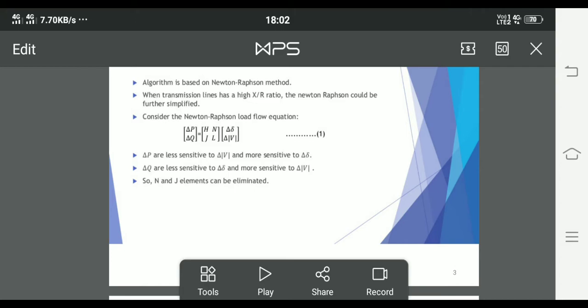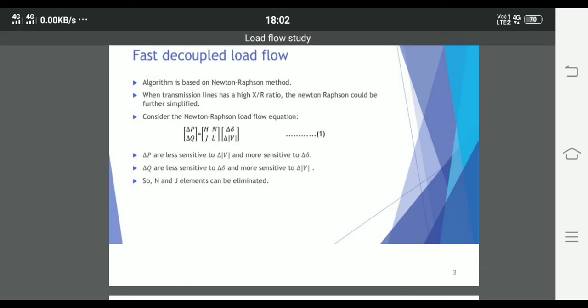When you are going to define a bus, you define it based upon 4 factors. One is P, another is Q, another is V, and another is delta. P indicates active power, Q indicates reactive power, V is the magnitude of voltage, and delta is the angle. So depending upon these 4 factors, you are going to get the solution for any load flow equation by using these iteration methods.